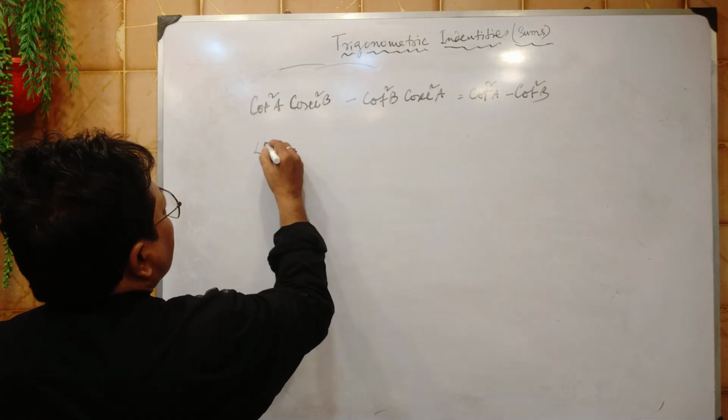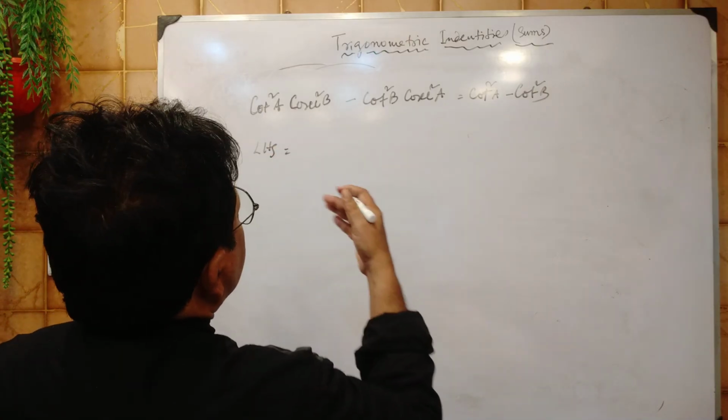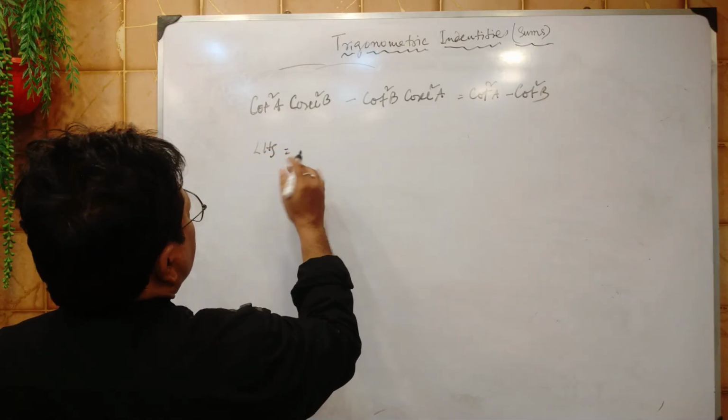So at first what we will do, left hand side, cosec B converted into cot B.